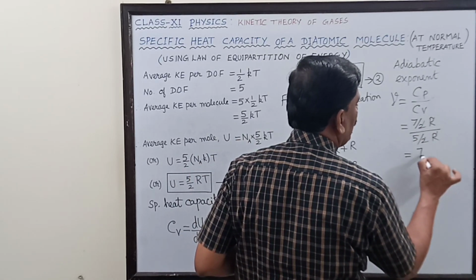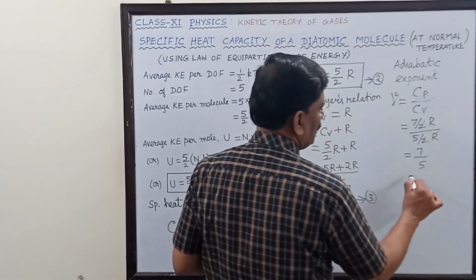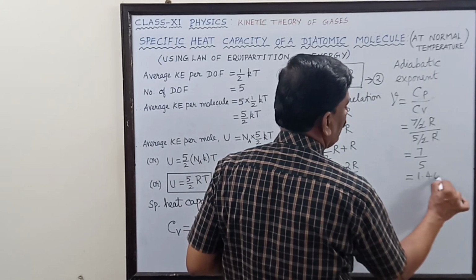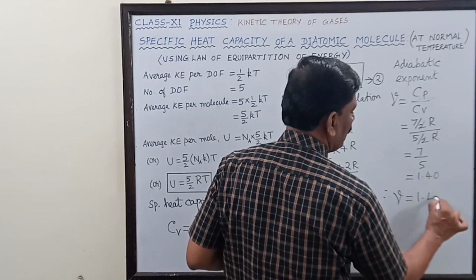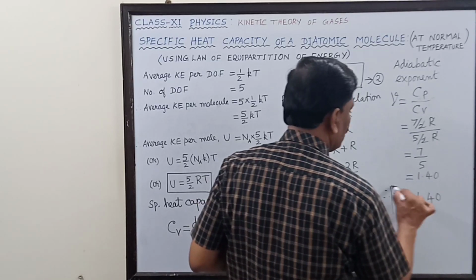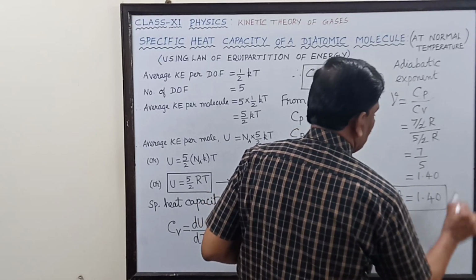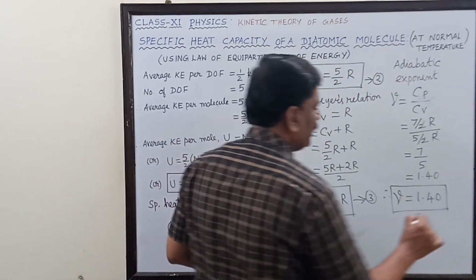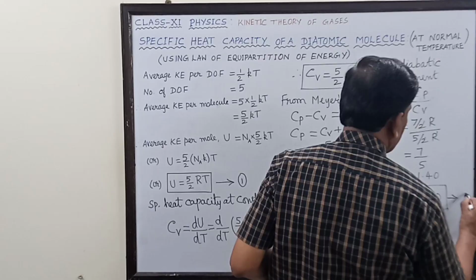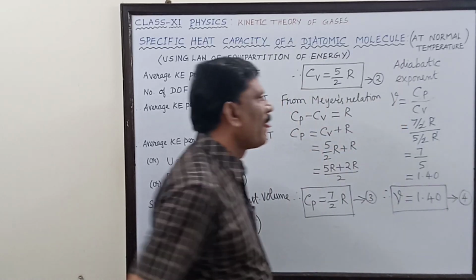So this is equal to 7 by 5, and 7 by 5 is 1.40. Therefore the value of adiabatic exponent gamma is equal to 1.40 for a diatomic gas molecule at normal temperature. And this is our equation number 4.